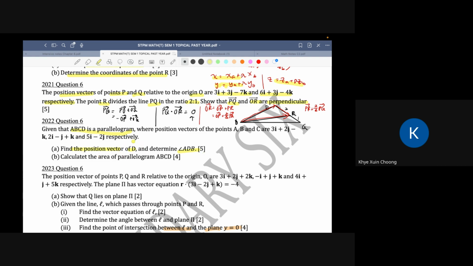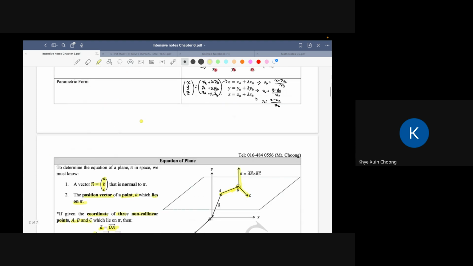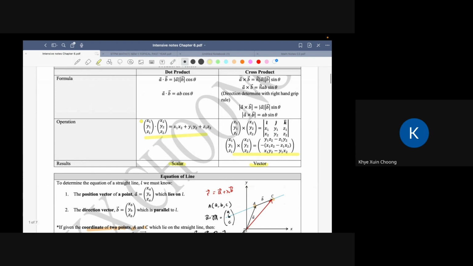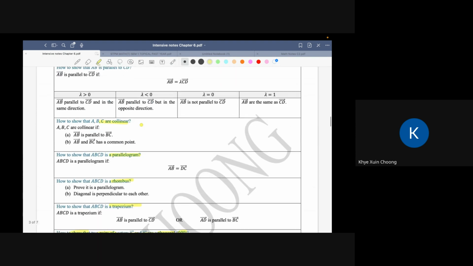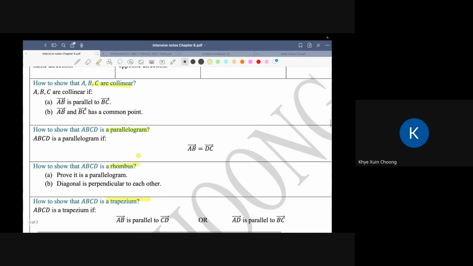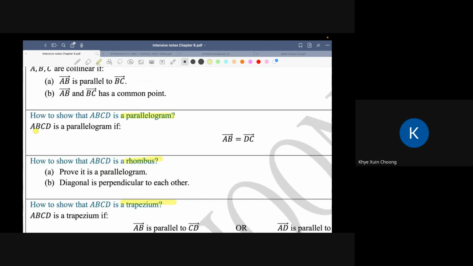If you want to do this, you need to know that for a parallelogram, if ABCD is a parallelogram, then vector AB equals vector DC. So vector AB equals vector DC.